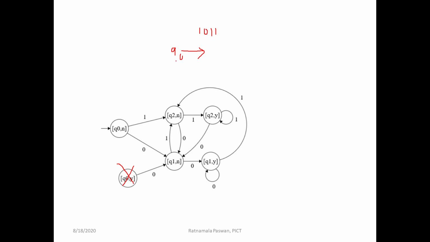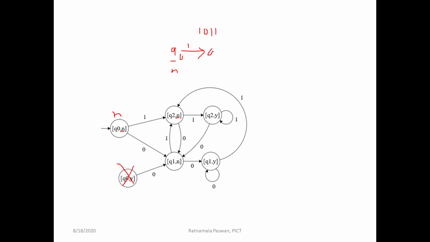I'm just writing q0 and the output is n, right? So here you can see this indicates the output of that state. Or you can separately write n on top of the state, or you can refer to the output from that state itself. So from q0 the output is n, and the input is 1, so it is going to state q2, right?